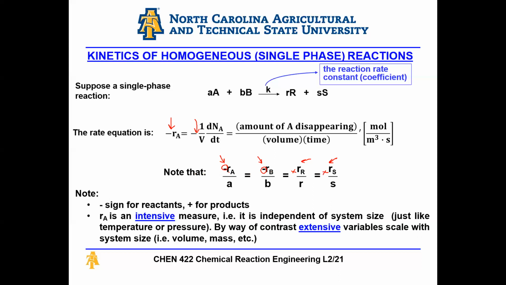And they're related by the stoichiometric coefficients, right? So minus RA over A is equal to minus RB over B. You can see A and B correspond to the stoichiometric coefficients in your elementary reaction formula. This is equal to RR divided by R, and then RS divided by S, okay? So this expression here is very, very important.